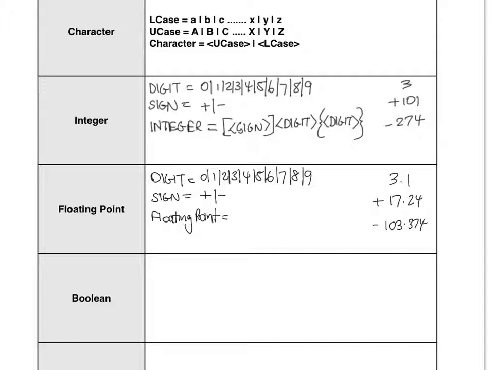Now when I construct the rules for all floating points, it's very similar to integer. So it has sign, which is an optional element. It then has the same thing as an integer, which is digit with a repetition of digit. However, it is a fractional number.